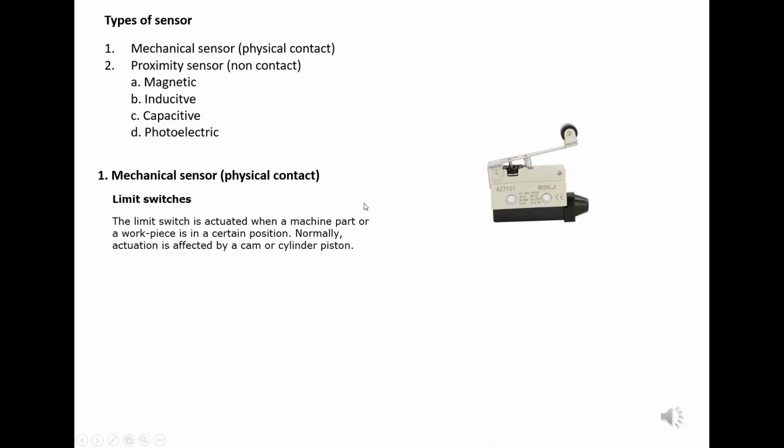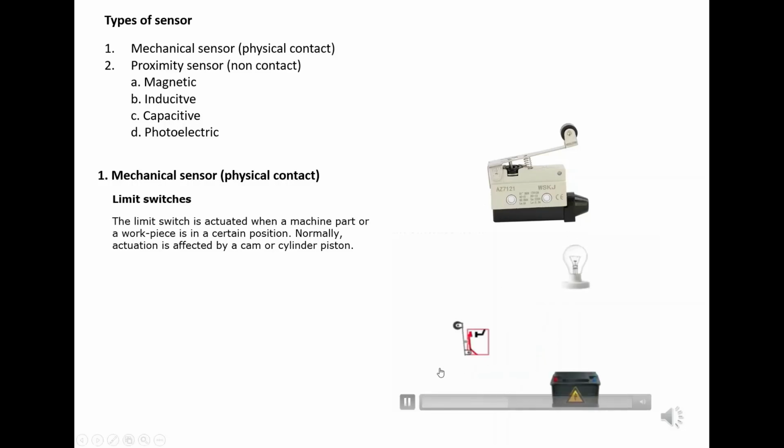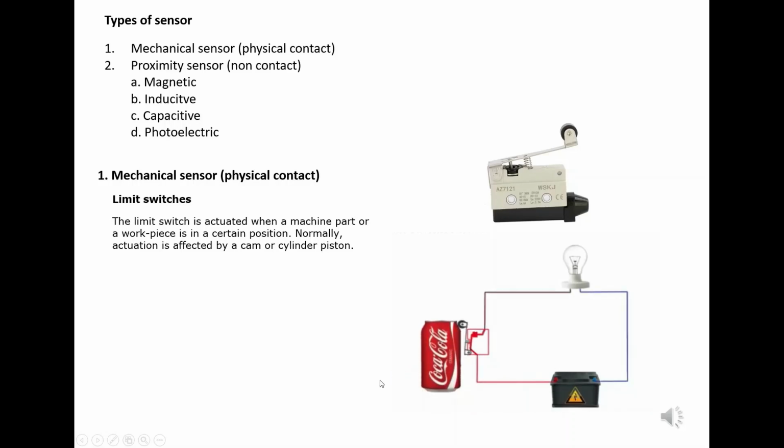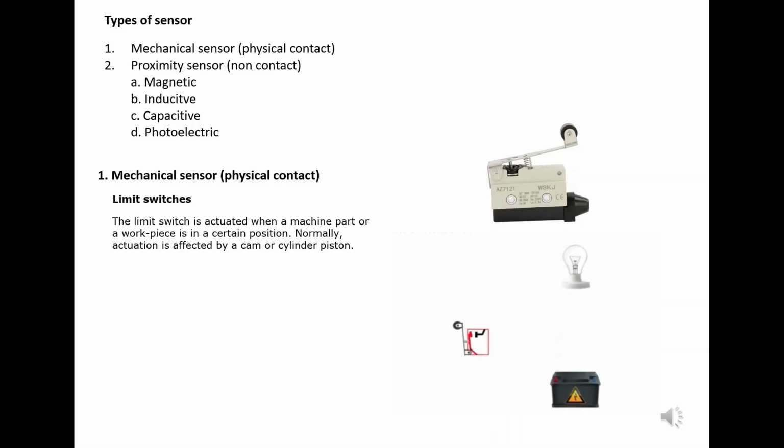Jadi bagaimana sensor ini diaktifkan adalah sama seperti dalam pneumatik, iaitu apabila ada sentuhan objek, maka sensor ini diaktifkan. Objek yang dimaksudkan di sini adalah hujung piston rod. Lihat video ini yang menunjukkan bagaimana sensor diaktifkan dan bagaimana signal output dihantar bagi melengkapkan litar.